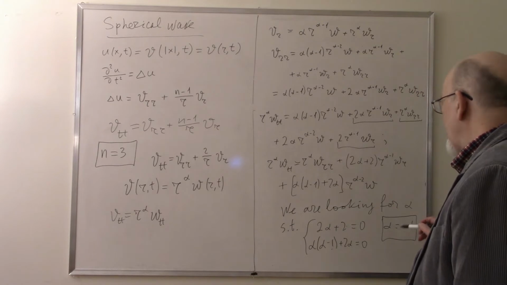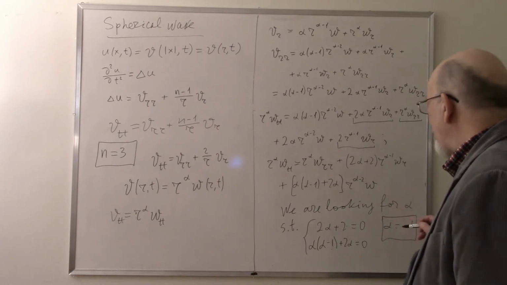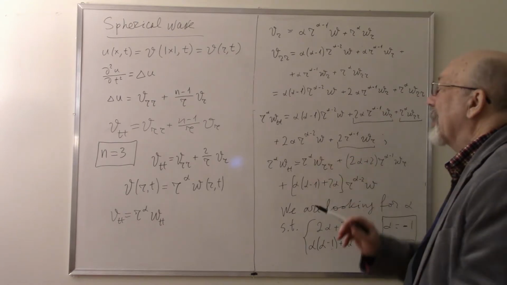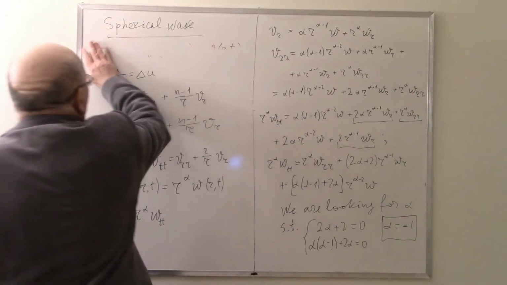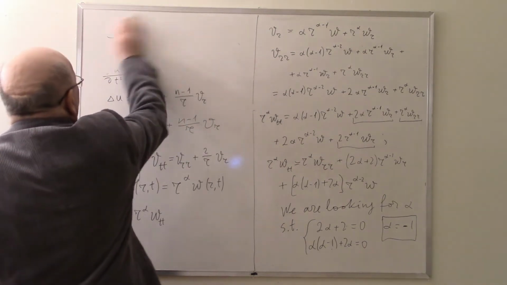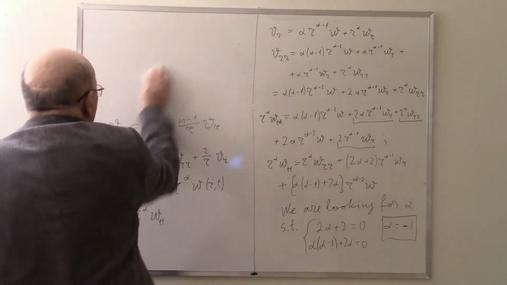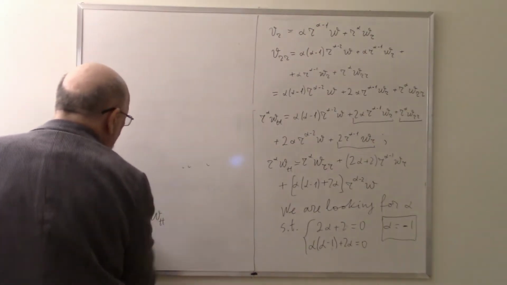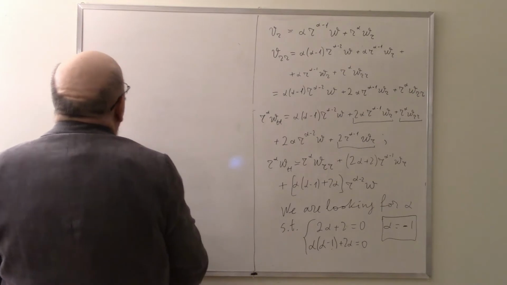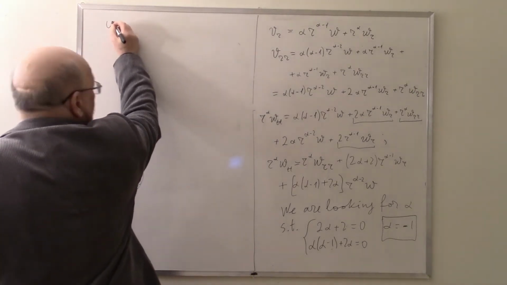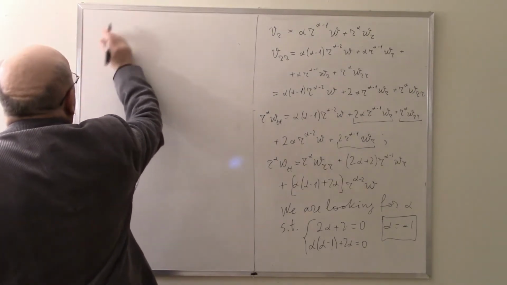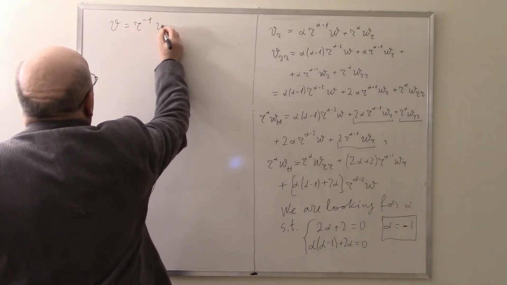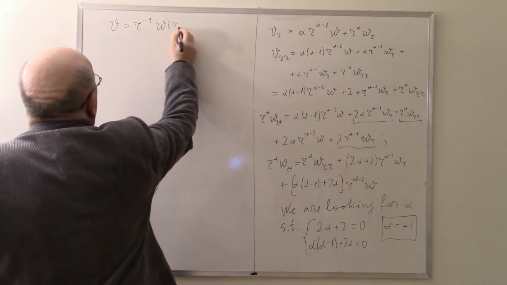So if you take alpha is minus 1, then V is R minus 1 W of RT.